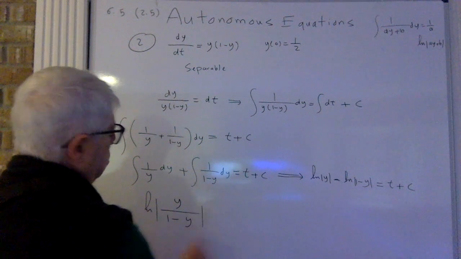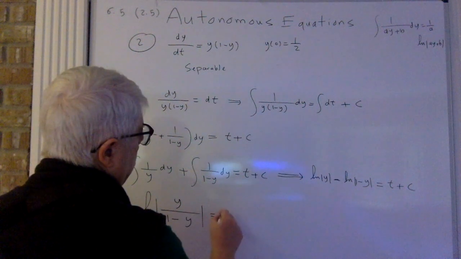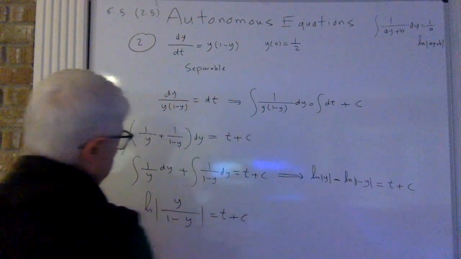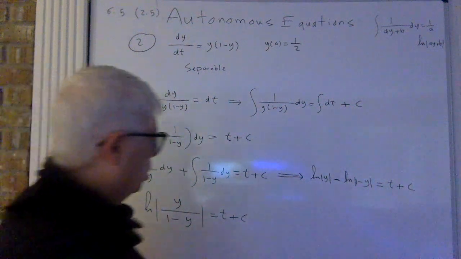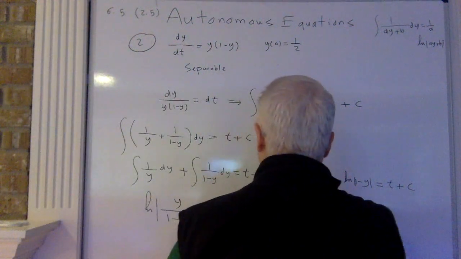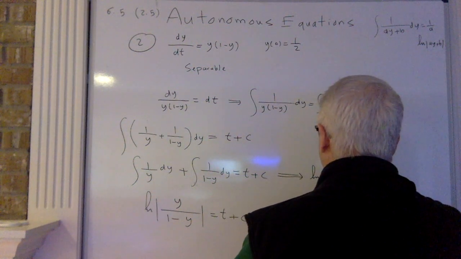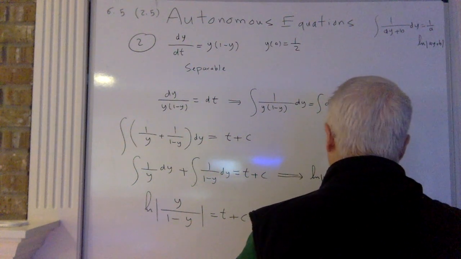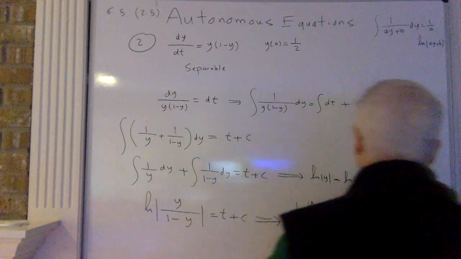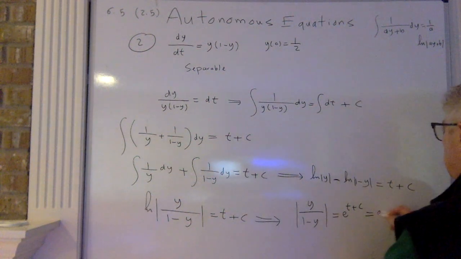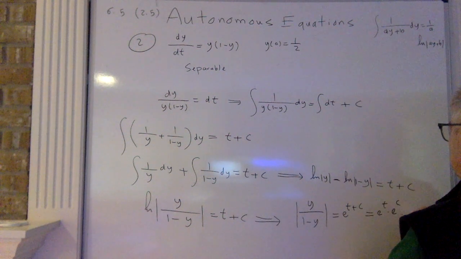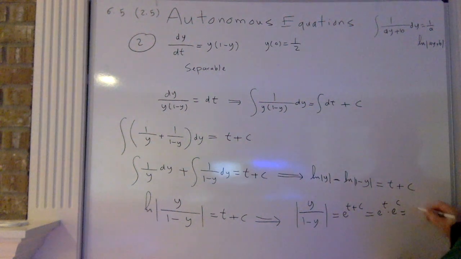We just need one absolute value for this, and t plus c. So this gives me absolute value of y over 1 minus y is e to the power t plus c, which I write as e to the power t times e to the power c, which is again like b e to the power t. Okay?